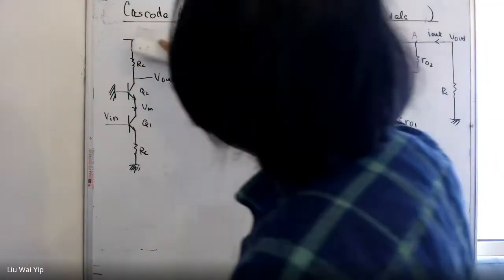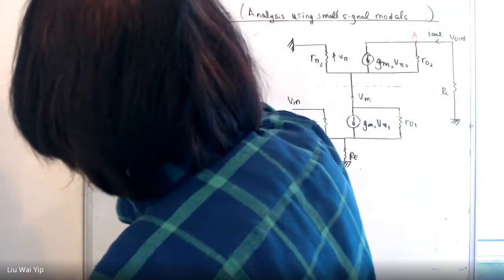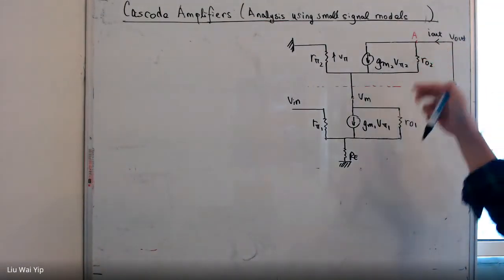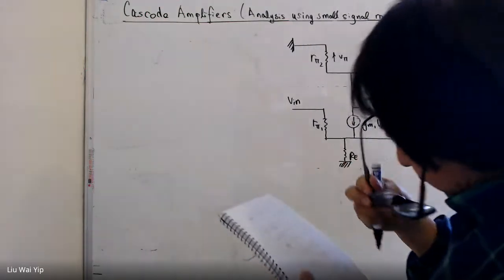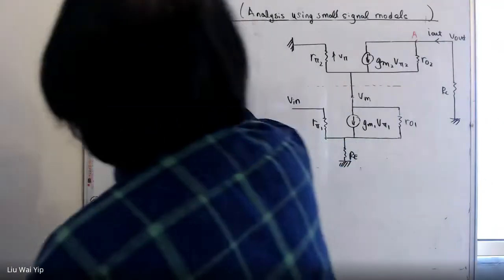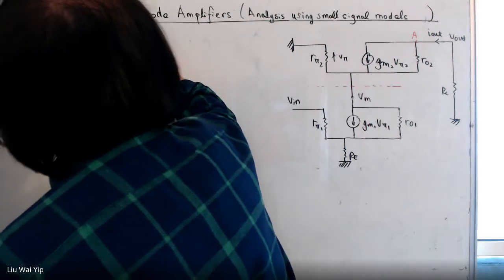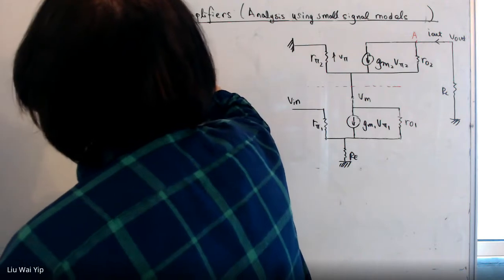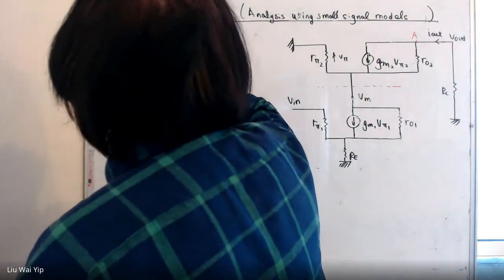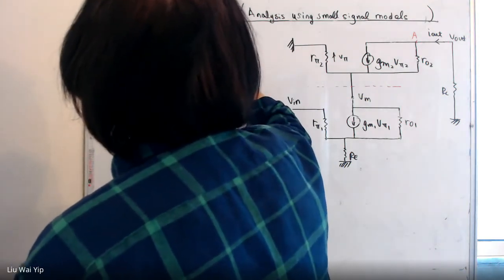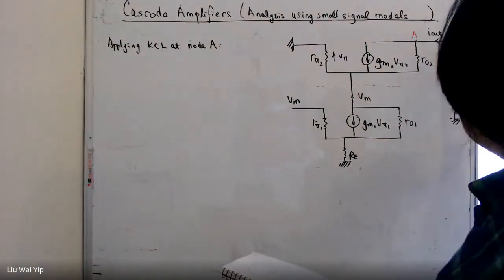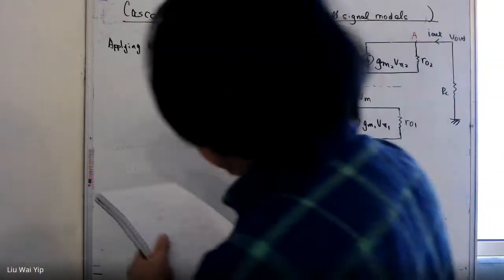For the time being, I'm going to free up some space here, and we are going to work this out. We have the current relation. Applying Kirchhoff's current law at node A, we have this current going in.